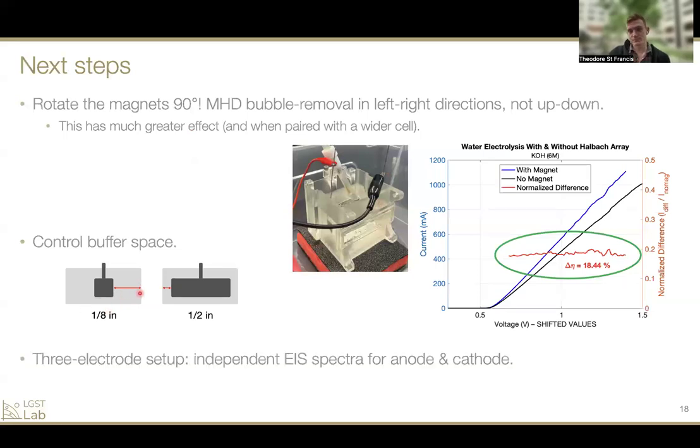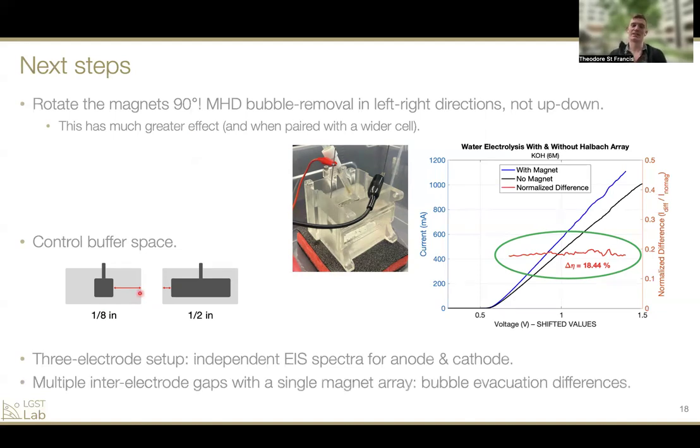And then lastly, a three electrode setup would allow for a reference electrode between anode and cathode, thus allowing us to extract electrochemical impedance spectroscopic measurements for both of them separately. And multiple interelectrode gaps might allow us to understand to what effect, potentially a slightly wider gap with a little bit of a higher ohmic loss would allow bubbles to escape faster, thus improving overall efficiency of the cell.